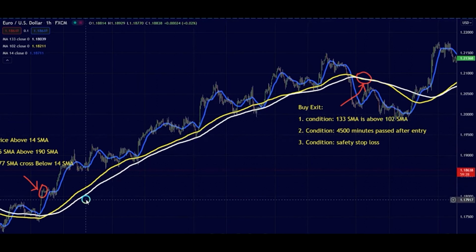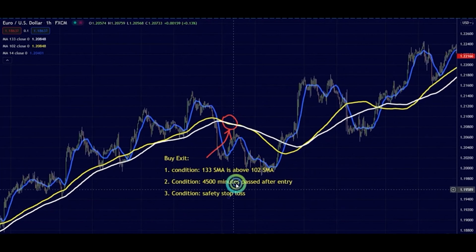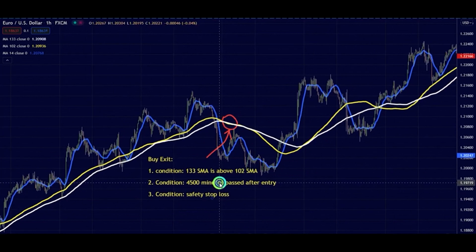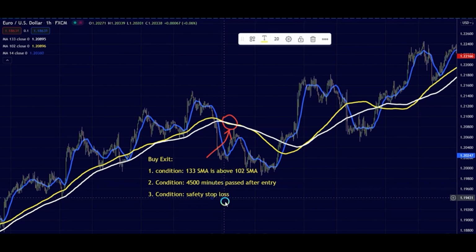So basically what I want to tell you is that even if you would have a great exit here, you can't close the trade because the second condition is not in the right place. And this way you can avoid so much noise and so many bad signals. And I tested thousands of EAs, so I know how important this parameter is. I know it seems simple.